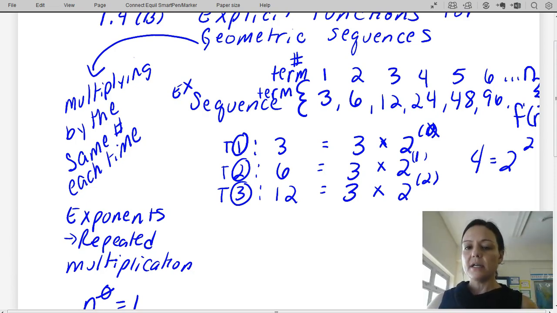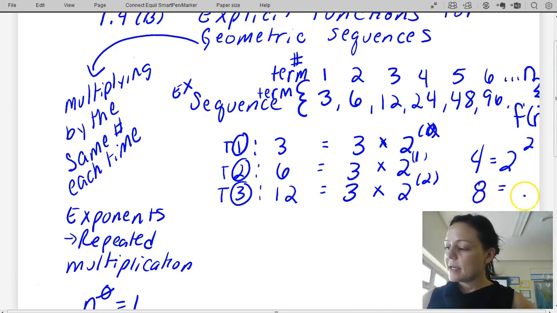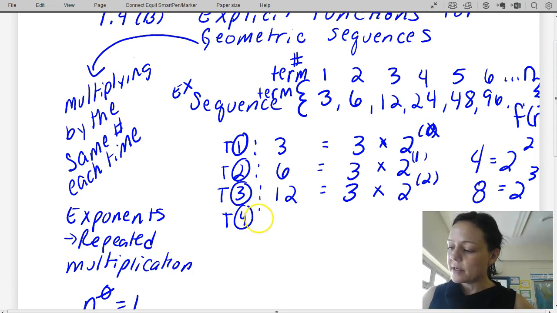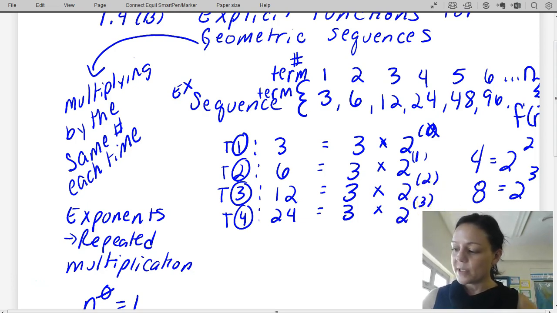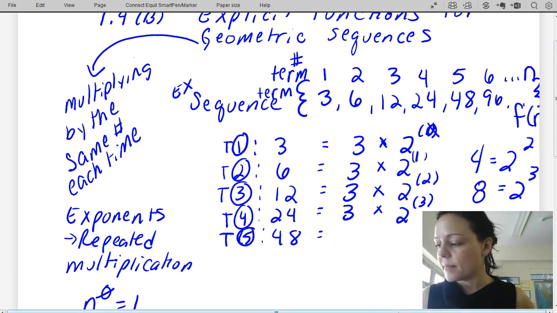But the next one, 3 times what is going to give me 24? That's going to be 8. How do I write that? Well, 2 cubed is 8. 2 times 2 times 2 is 8. So T4 is 24. We get that by taking 3 and multiplying it by 2 cubed. So 3 times 8 is 24. As you can guess, T5, 48: they use base 2 in computers a lot. 3 times what is 48?